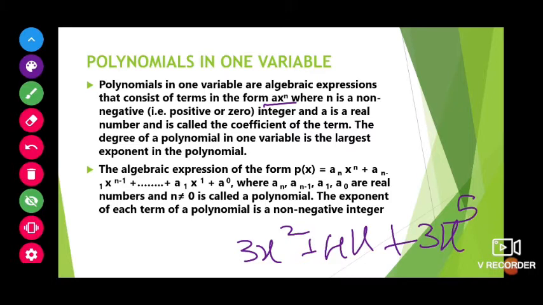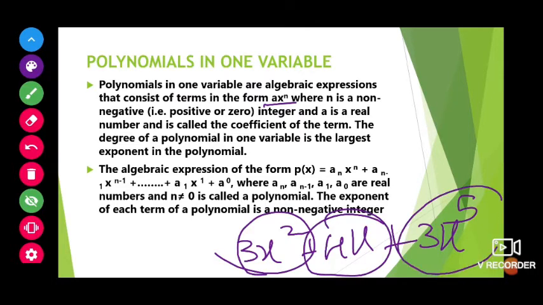The entire expression has single variable terms of the form a x to the power n. Here a is any integer or real number, and n will be a natural number.